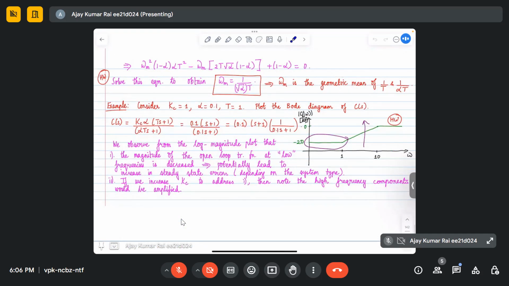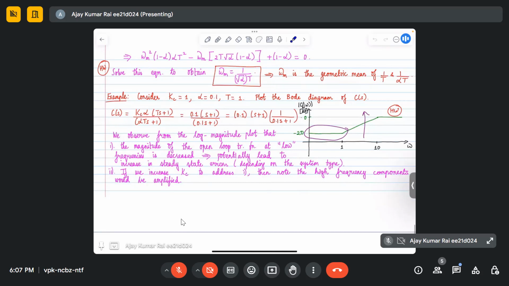So this is the Bode plot for the lead compensator. You can see here it attenuates the low frequency magnitude. And again, you can see here it provides additional gain at higher frequencies. That's why we say it increases the bandwidth of the system.